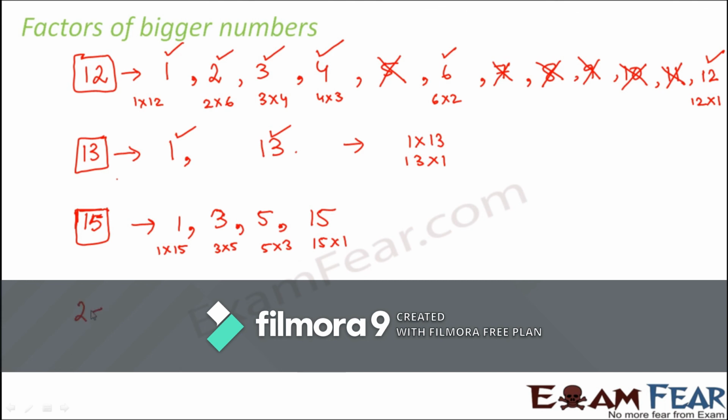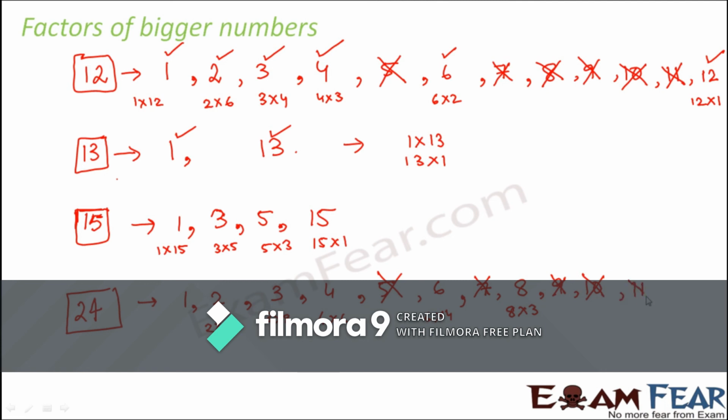Let's talk about another number like 24. So for 24 again we have a lot of factors. Like 1 is a factor, 2 is also a factor because 2 into 12 is 24. 3 is also a factor because 3 into 8 is 24. 4 is also a factor because 4 into 6 is 24. 5, no, 5 is not a factor. 6, yes, 6 into 4 is 24. 7, no, 7 is not a factor. 8, yes, because 8 into 3 is 24. 9, no. What about 10?